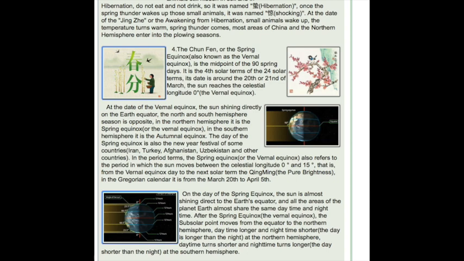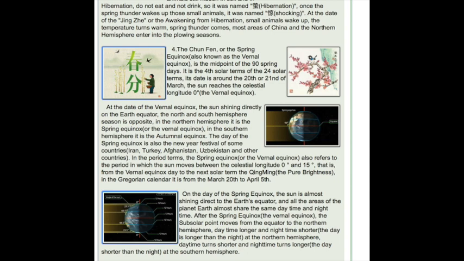Number 4, Chunfen, or the spring equinox, also known as the vernal equinox, is the midpoint of the 90 spring days. It is the fourth solar term of the 24 solar terms. Its date is around 20th or 21st of March.